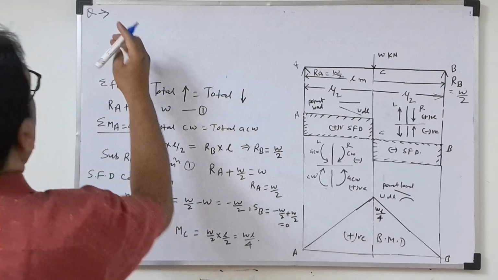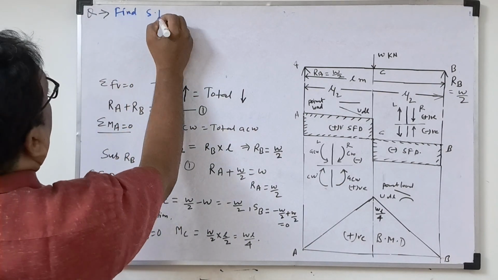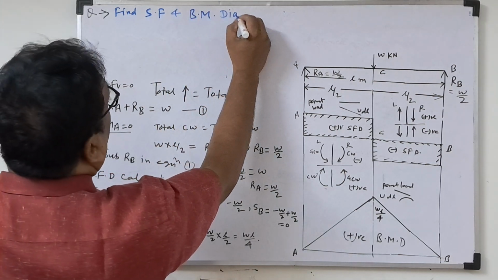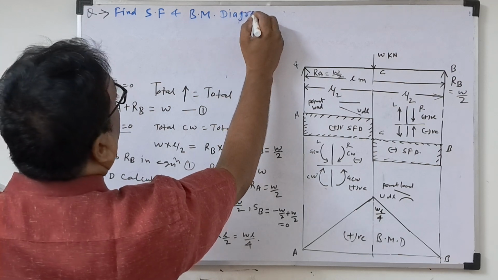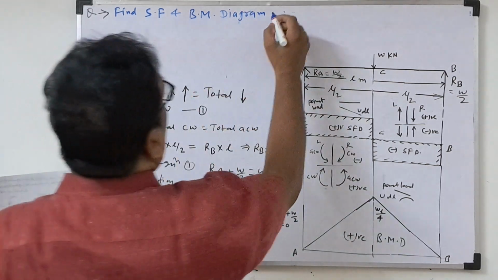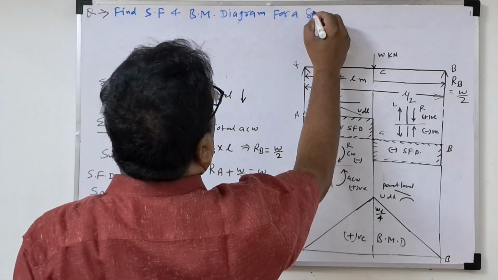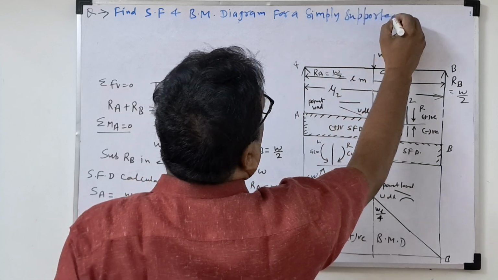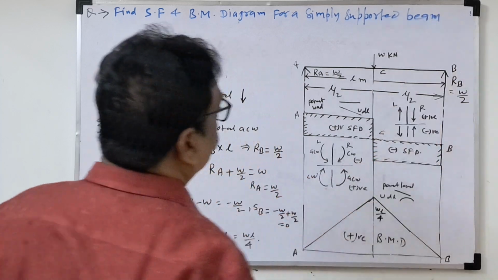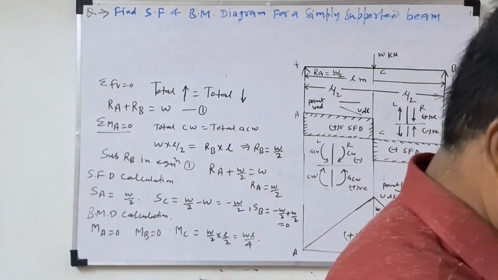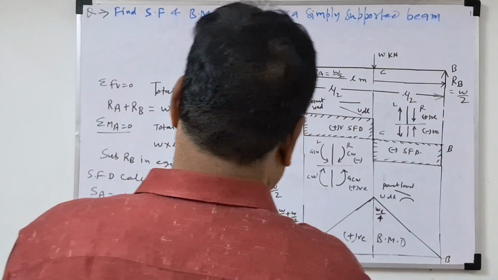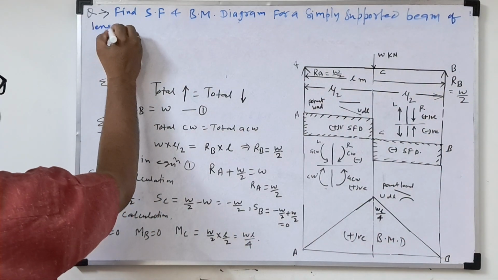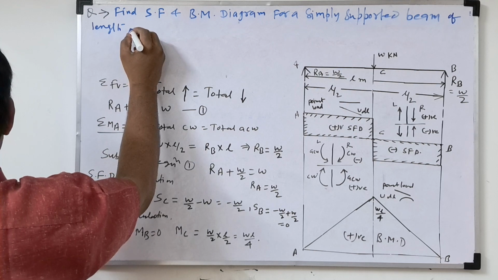So find the shear force, SF, and bending moment diagram for a simply supported beam of length 6 meter.